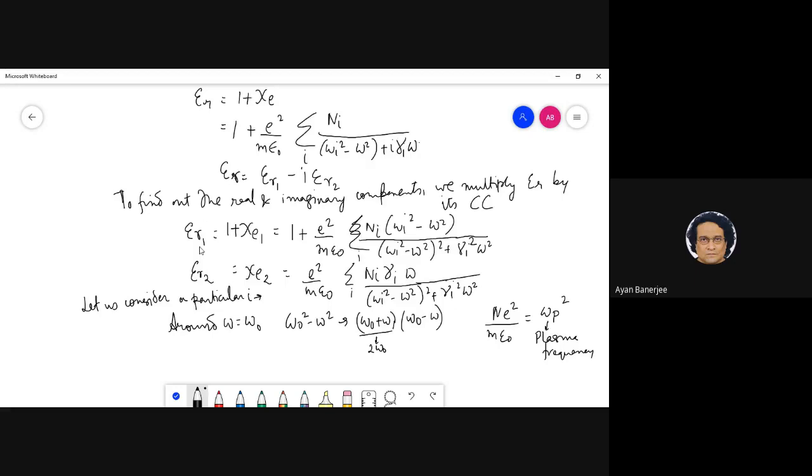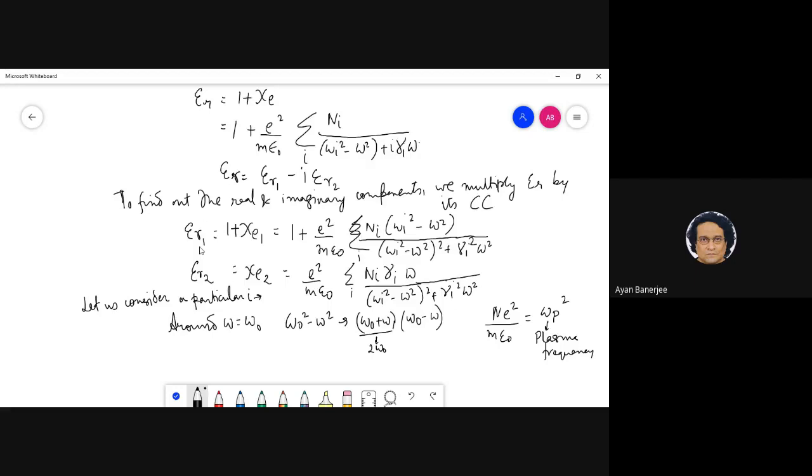Basically, the mode of the oscillation that exists, you can say the nature of the field that is induced on the metal is longitudinal; it will not have a transverse component.